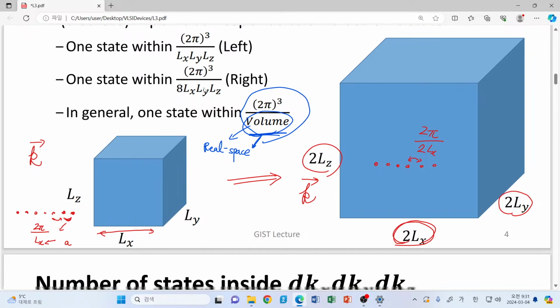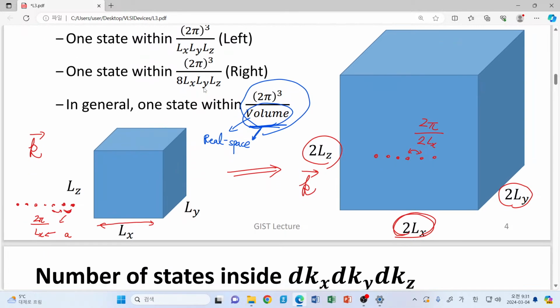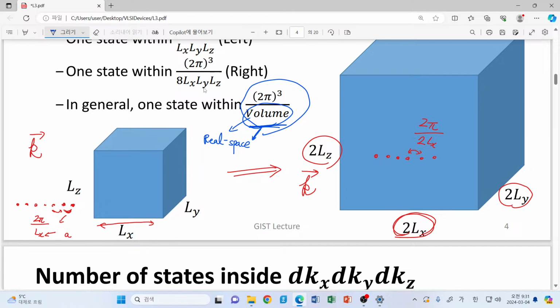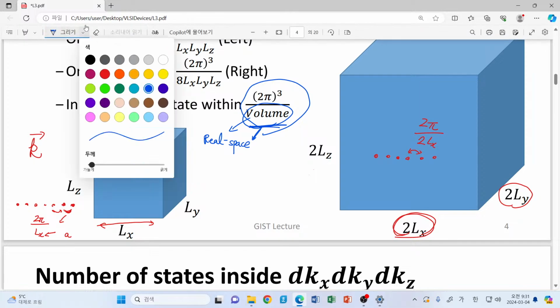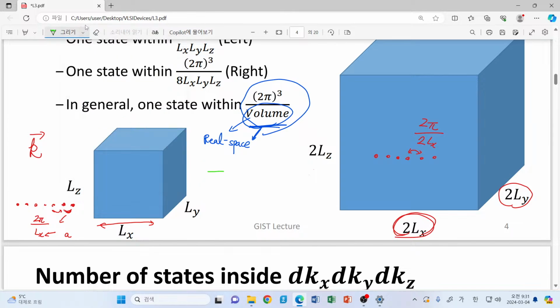From this understanding, we can make a simple and straightforward observation. If we have a certain count for a certain k value, then it can be regarded as just a k space integration.